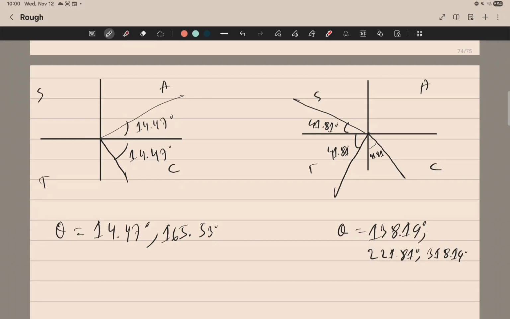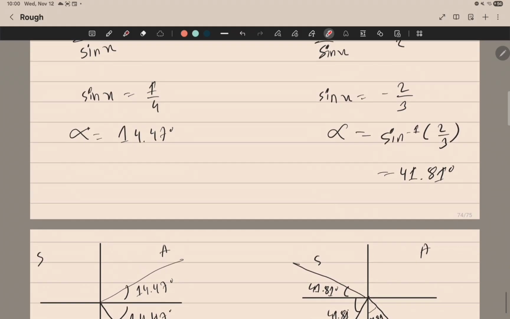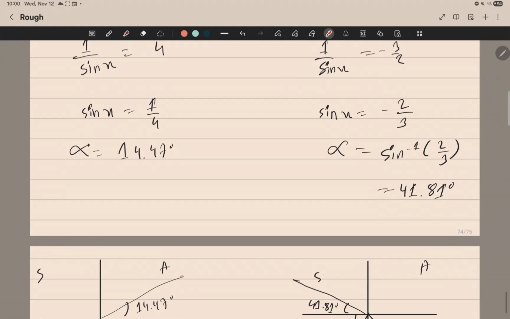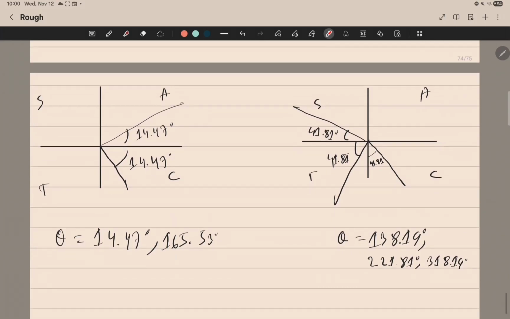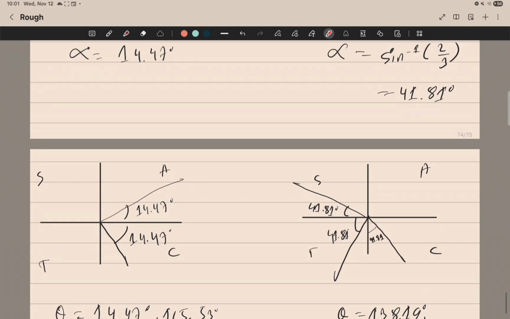Can there be a third quadrant, guys? Here. Wait, I guess I made a mistake, or did I? I did make a mistake.